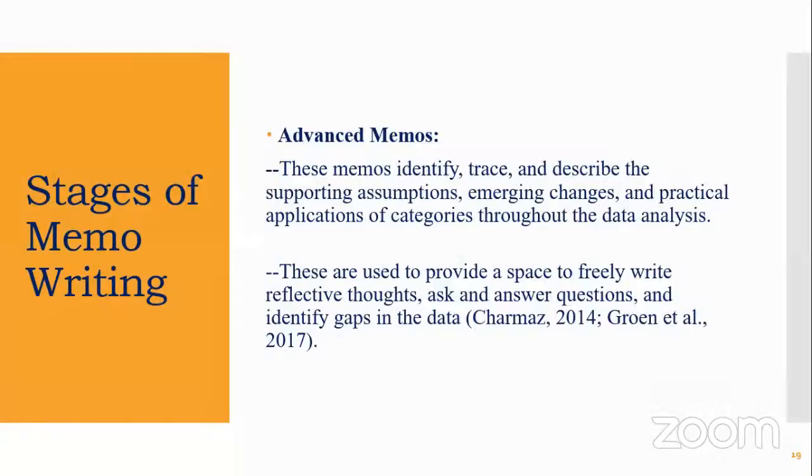Okay. In the advanced form of memo writing, this type of memos actually identify, trace, or describe the supporting assumptions, emerging changes, and practical applications of categories throughout the data analysis. These are used to provide a space to freely write reflective thoughts, ask and answer questions, and identify gaps in the data.